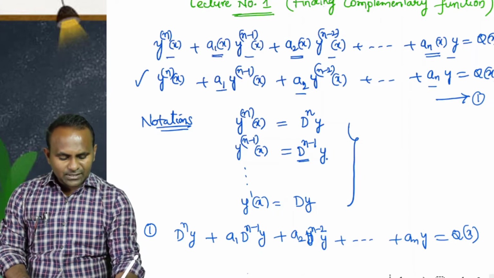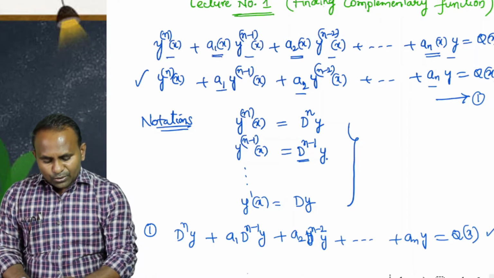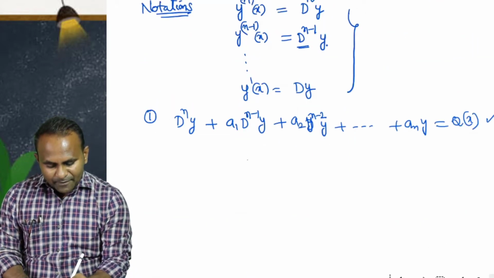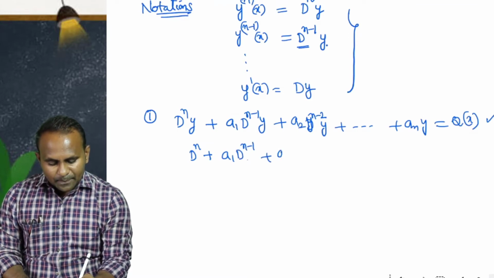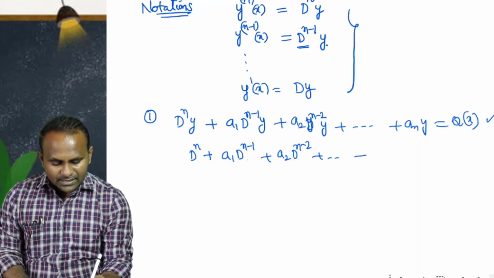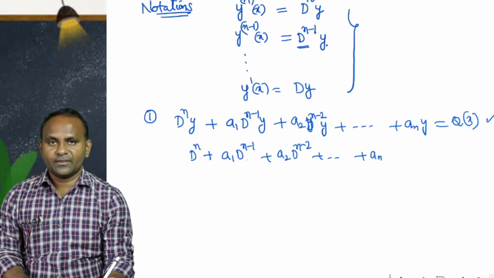So with these notations, the equation has become in this way. Now, what happens? You can also write this as D power n plus a1 D power n minus 1 plus a2 D power n minus 2 and so on plus an, of y.